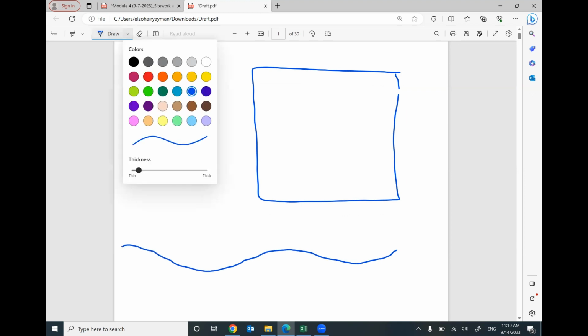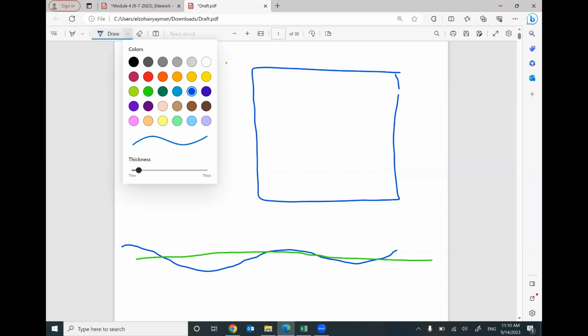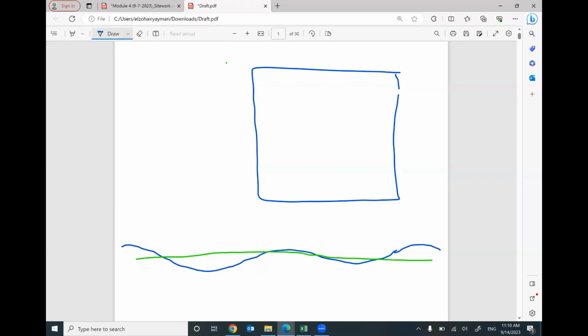And we would like to grade this surface of the soil or the ground to a flat surface, something like this. So in one part of this area of land, like this part, we are going to excavate.